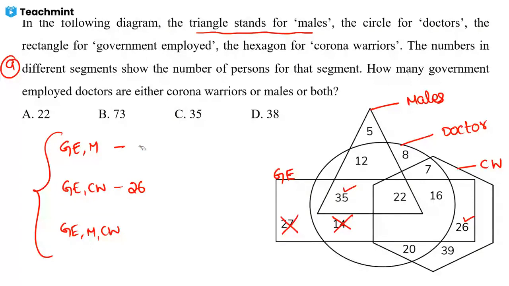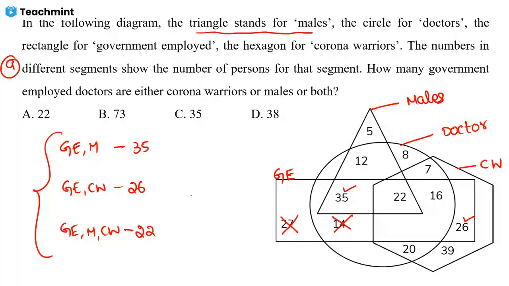So already we reached 61. Okay, then this 22 is all three, right? So government employed as well as corona warriors and males, all fine. 22. Okay, we crossed the value already.